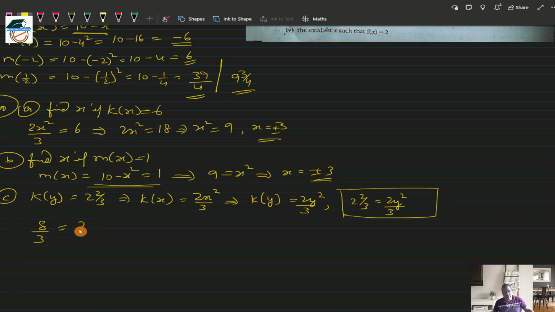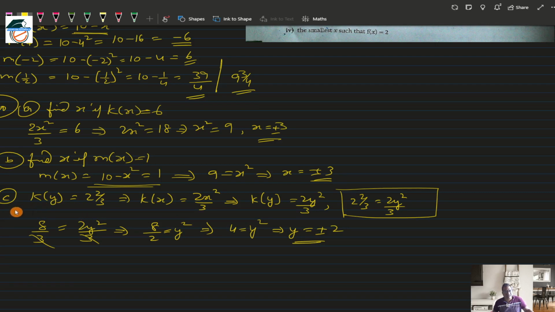This should be equal to 2y square upon 3. So this 3 gets cut, and you get 8 upon 2 equal to y square. This 8 upon 2 is 4 equal to y square. That means y is equal to plus or minus 2. So I get the answer for y.